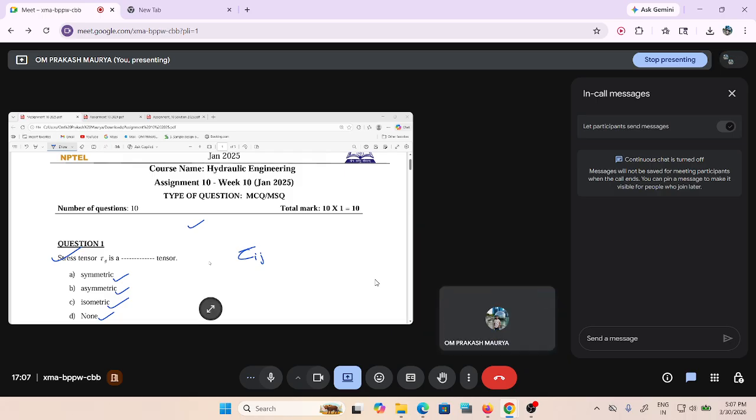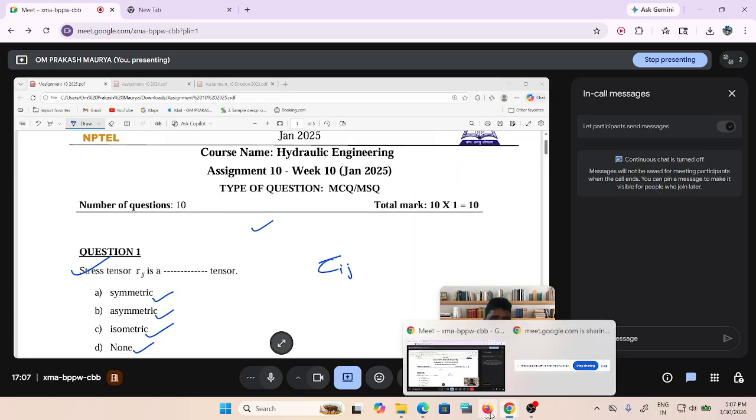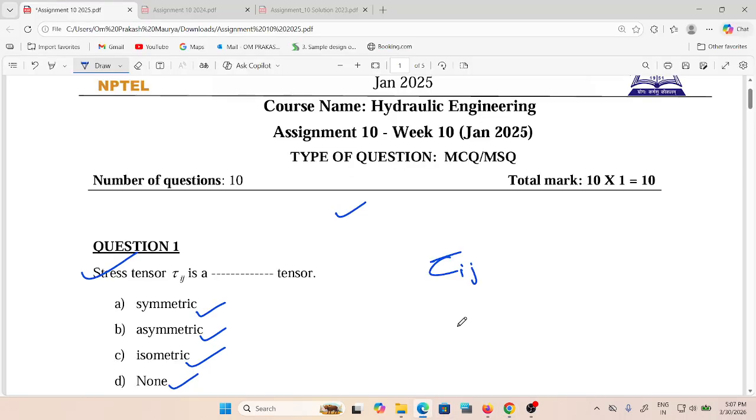Okay, so let me just explain you. So here tau ij is the stress tensor whether it is symmetric, asymmetric, isometric and non. So symmetric means what? If you are writing tau ij, whether it is equal to tau ji, then such type of tensor is known as symmetric tensor.